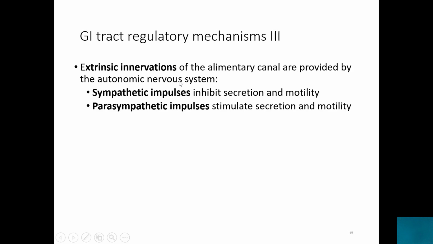Extrinsic regulation goes from the central nervous system, from its autonomic nervous system part. And because digestion usually happens when we are relaxed, parasympathetic impulses. Remember, rest and digest, parasympathetic nervous system.